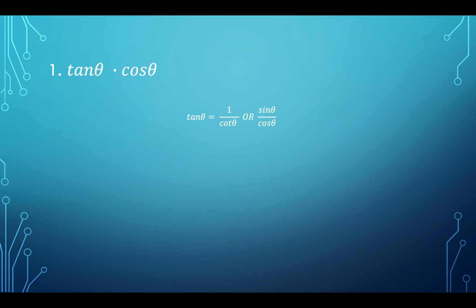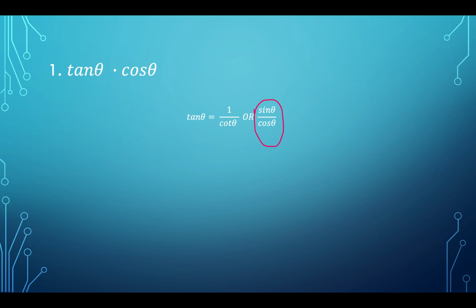You can use x, theta, alpha, beta, whatever you want, as long as it stays sine, cos, tan, and so on. You could change the x to a theta, or a theta to an x, and vice versa. So tan of theta can be written two ways: either 1 over cotan theta or sine of theta over cos of theta. For this problem, we're going to choose sine of theta over cos of theta.